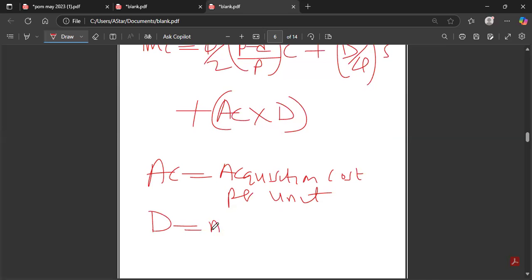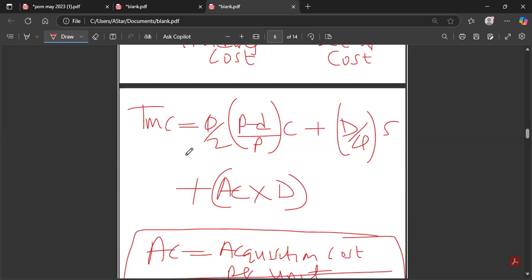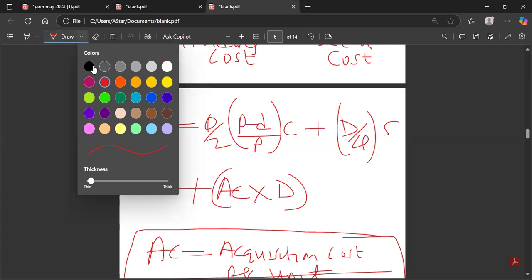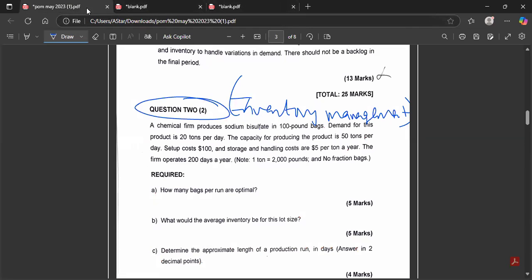Then D is annual demand. All together. So this one is called total material cost. Yes, we are. Total material cost.